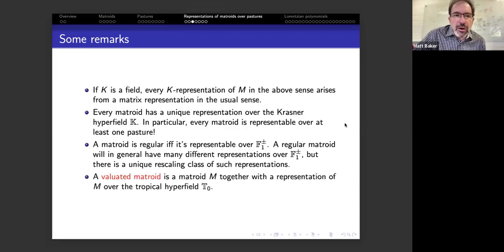And one of the stars of this talk will be valuated matroids. These are matroids together with a representation over the tropical hyperfield. And these are related to tropical geometry in a very nice way, but I won't get into that. Instead, I'll just give some examples of how you can construct valuated matroids.